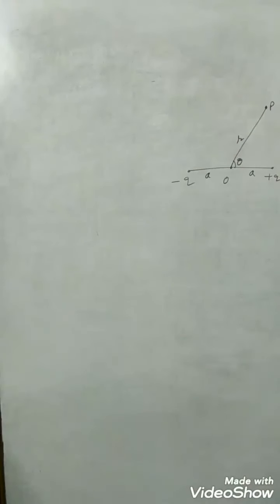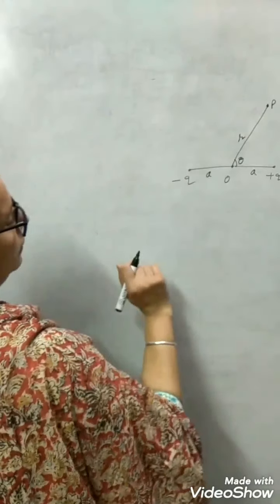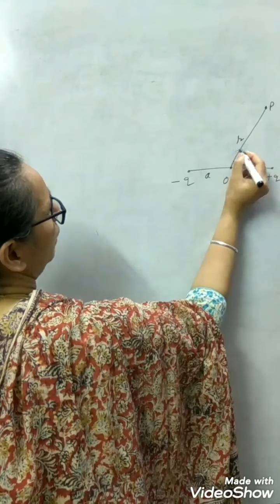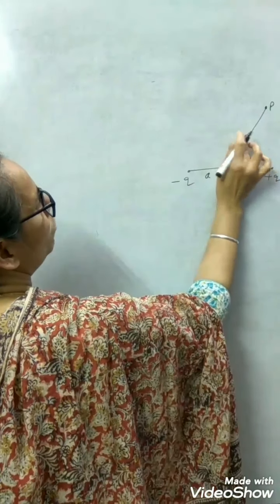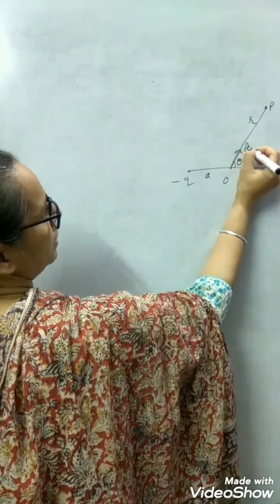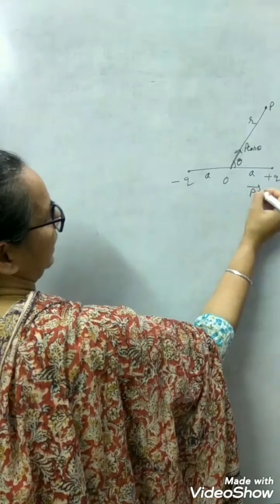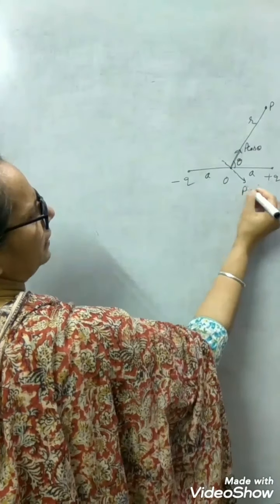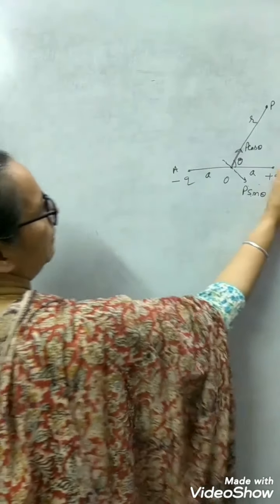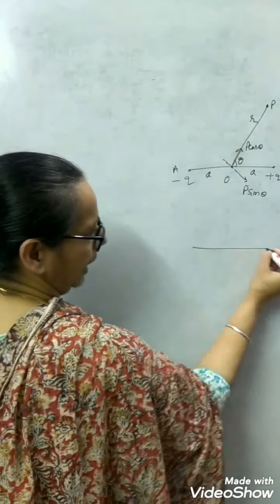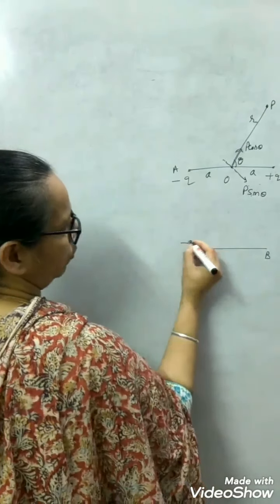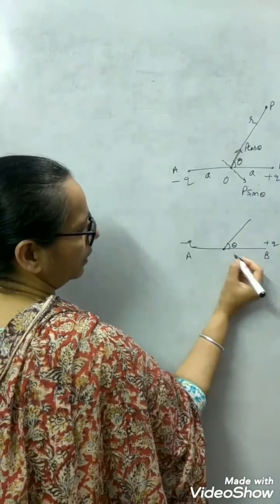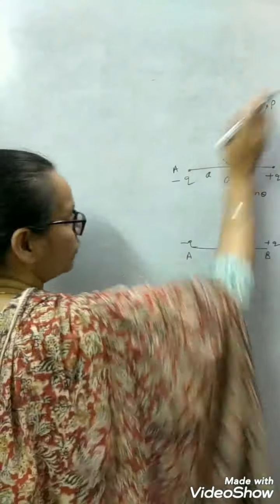We know that dipole moment is a vector quantity and it acts along this direction. If we have this dipole AB, minus q plus q, with observation angle theta, this is the dipole moment P vector, and this is our observation point.